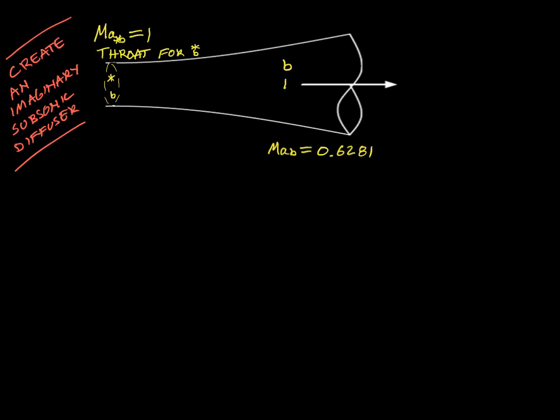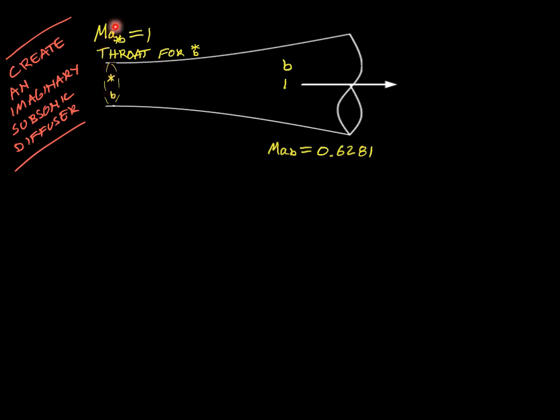What throat would we need to create a Mach number of 0.62 at state B? We're going to imagine this new throat, still denote it with an asterisk, and use a subscript B to denote that it's different from the throat we were using for most of the problem in the beginning.